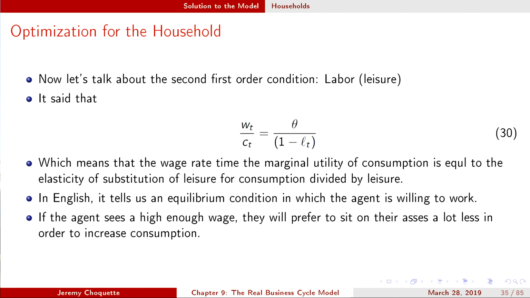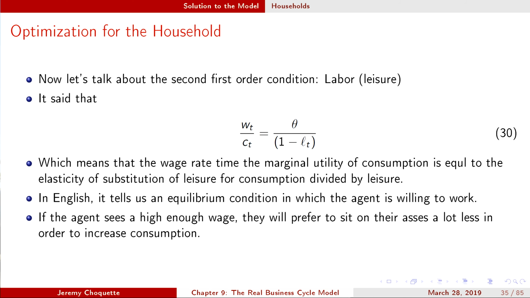Because the wage rate times the marginal utility of current consumption says that the willingness to work is a function of our utility of consumption.